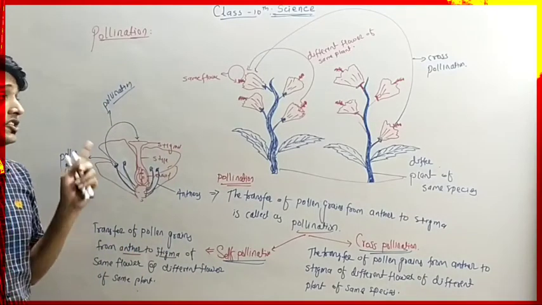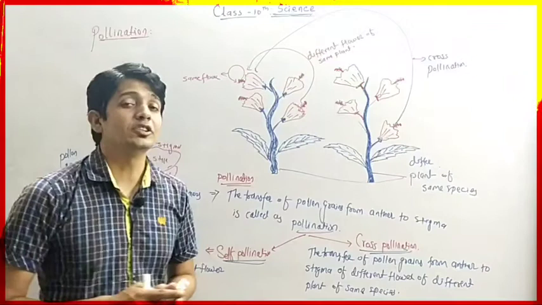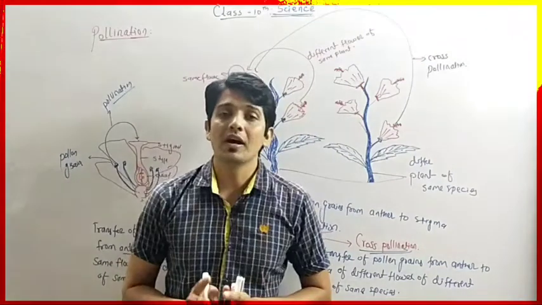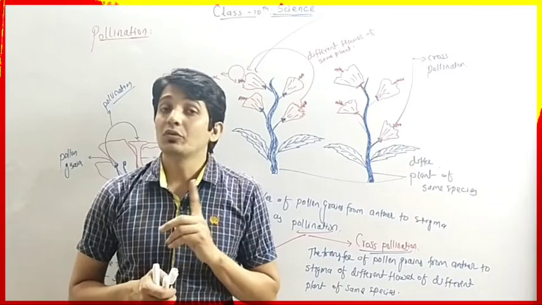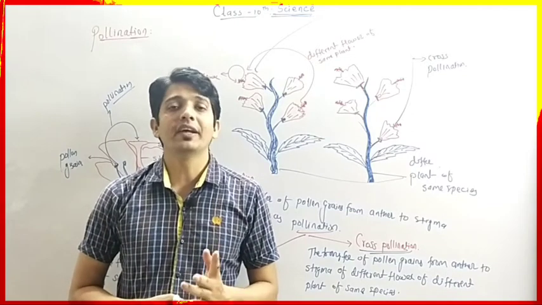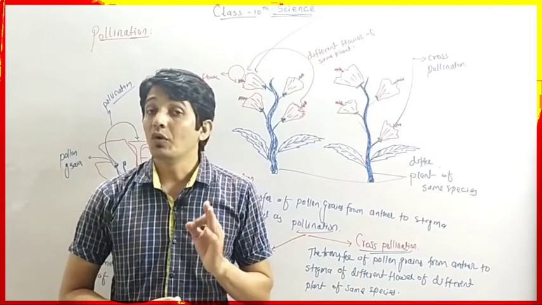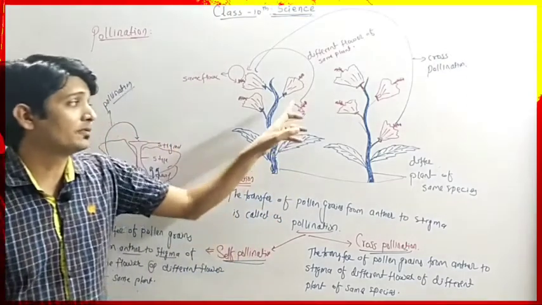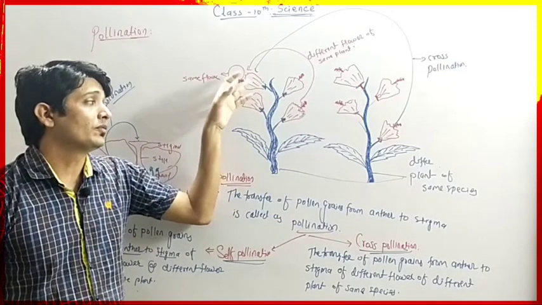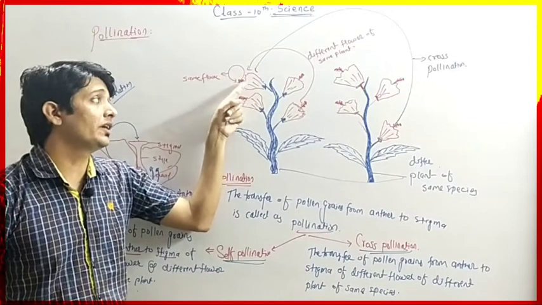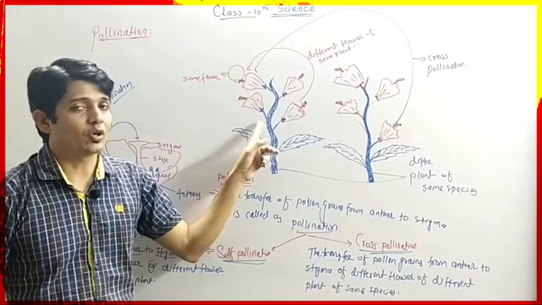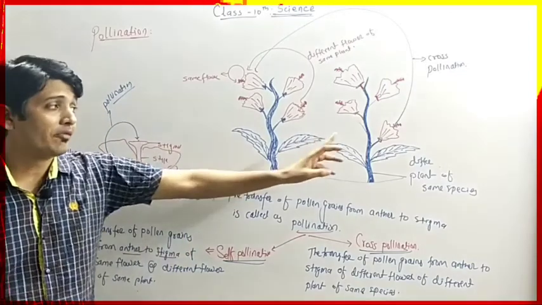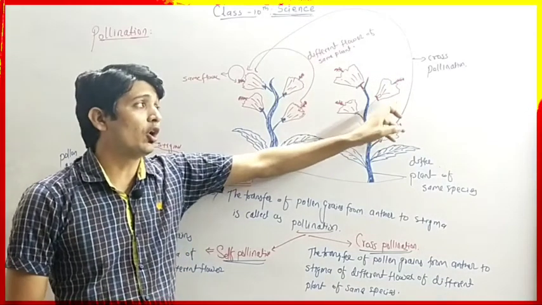What is pollination? The transfer of pollen grains from anther to stigma is called pollination. Pollination is of two types. One is self-pollination and another is cross-pollination. What is self-pollination? The transfer of pollen grain from anther to stigma of the same flower or different flower of the same plant is called self-pollination.